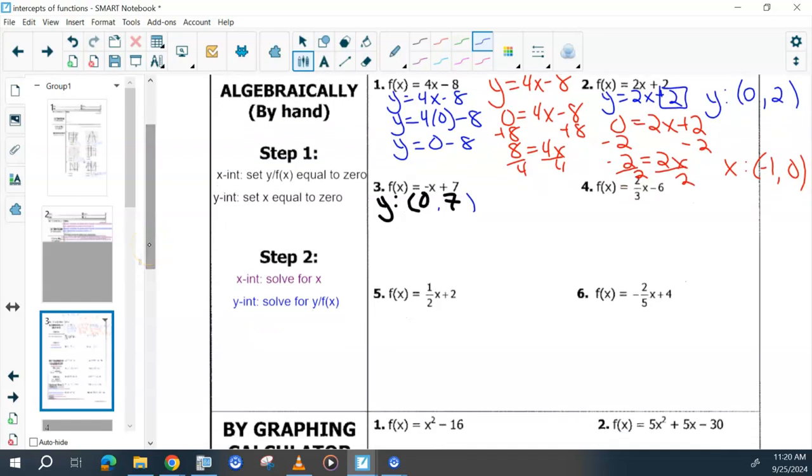Okay, and then for the x-intercept, instead of rewriting this, I'm going to just jump into the 0 first. So to start solving this, we would again subtract the 7. And what would I divide by? Would it be negative 1?